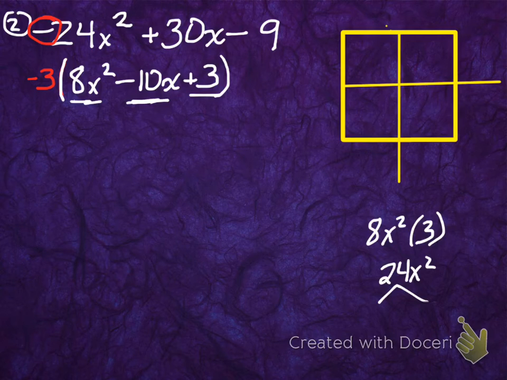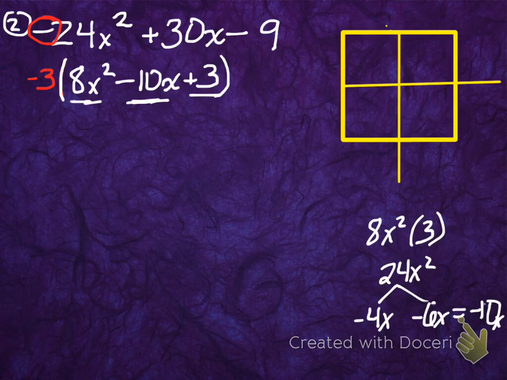A negative 3x and a negative 8x. That gives me negative 11x. I'm getting closer. So let's try something else. Negative 4x and negative 6x. When I combine that, I get negative 10x, and that was what we're looking for.